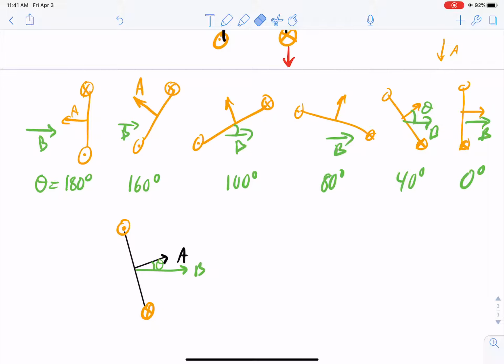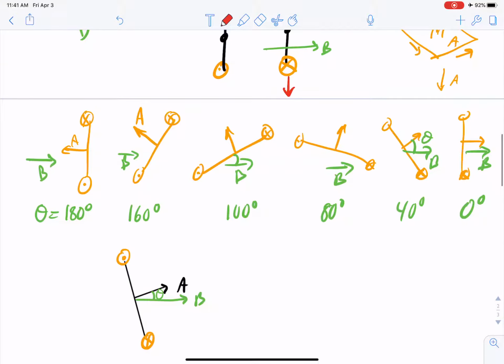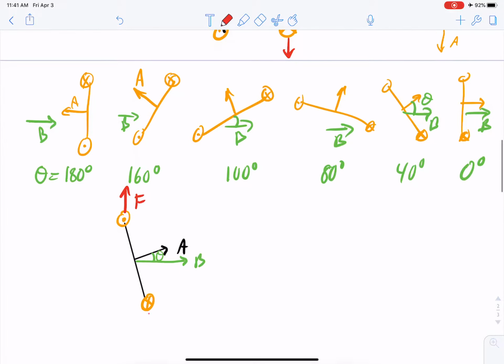So the direction of the force is always the same. Okay, so these are each going to cause a torque to rotate it that way, to try to get to 0 degrees.